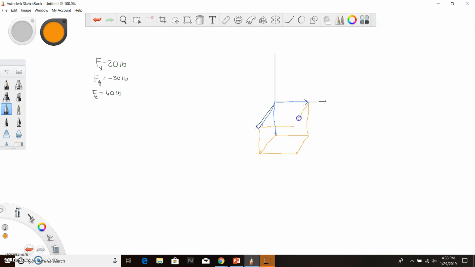If we finish our box here, that means our vector should go from this corner up here straight down to that corner. So that's what it's going to look like if we actually drew this.